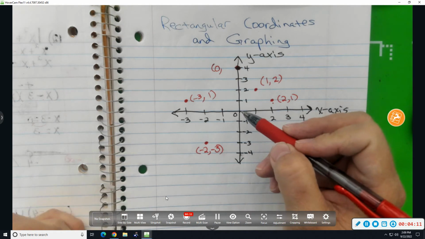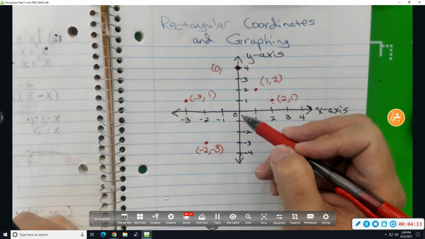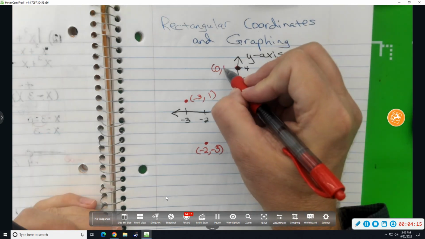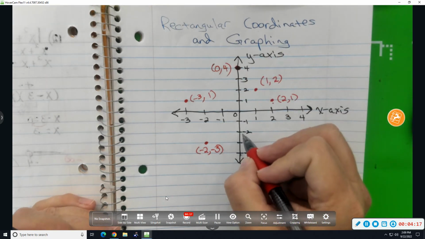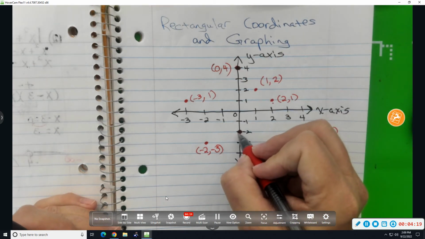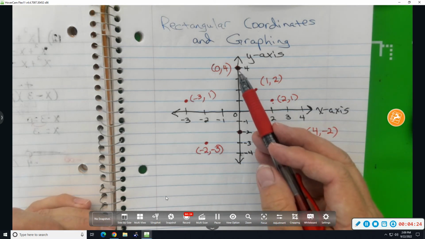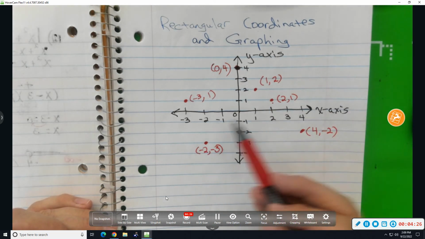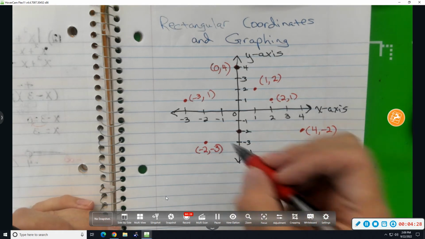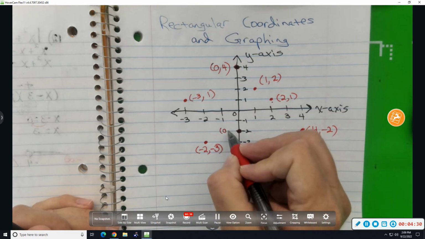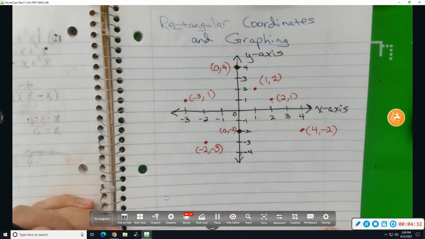The y-coordinate is what? 4. Okay. And let's do another one right here. 0, negative 2. For a point to be on the y-axis, you can't move left or right, so the x value will always be 0. The y value in that case is negative 2.